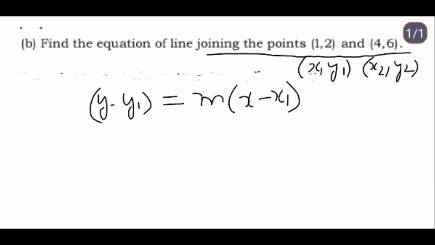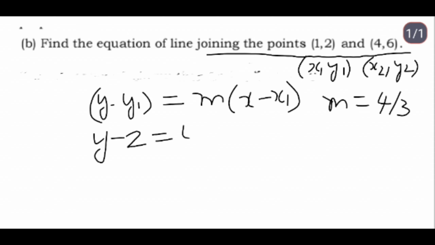We have calculated the slope, m = 4/3. So y - 2 = 4/3 (x - 1).